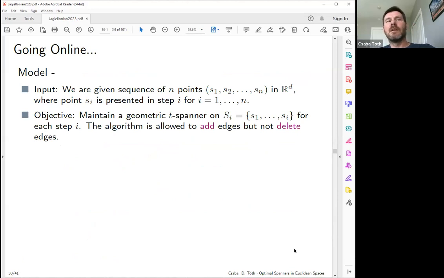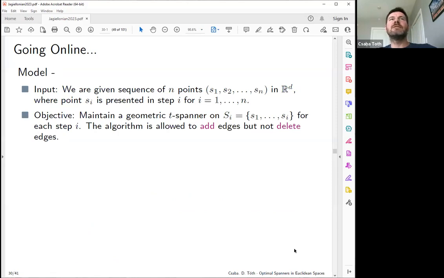If you have seen online algorithms, then you probably already know what's going on. If not, then here's the setup. Our input is a sequence of points, and they're presented one by one. And our algorithm has to maintain a t-spanner, where t is also a given parameter.